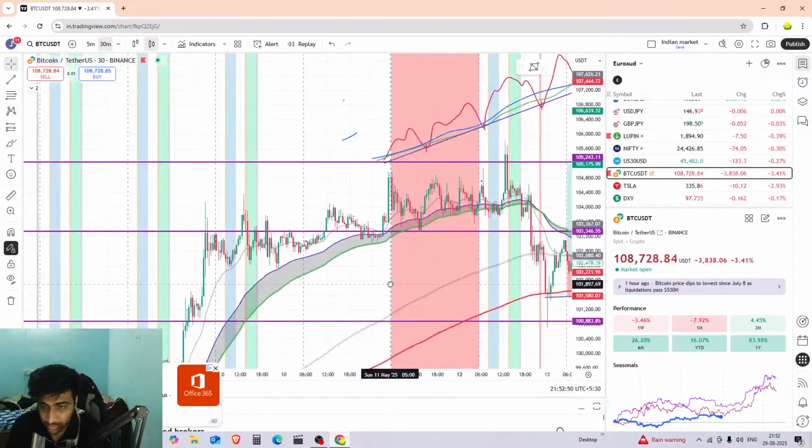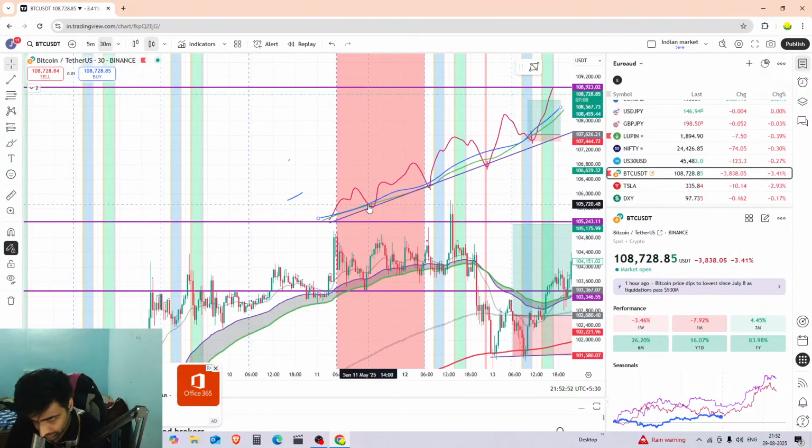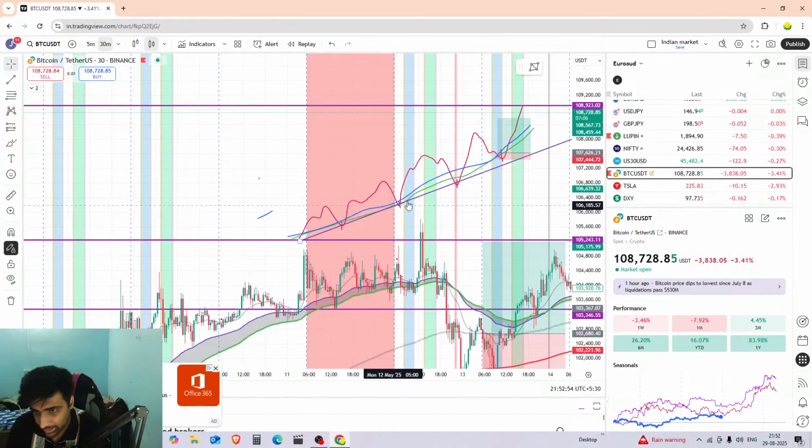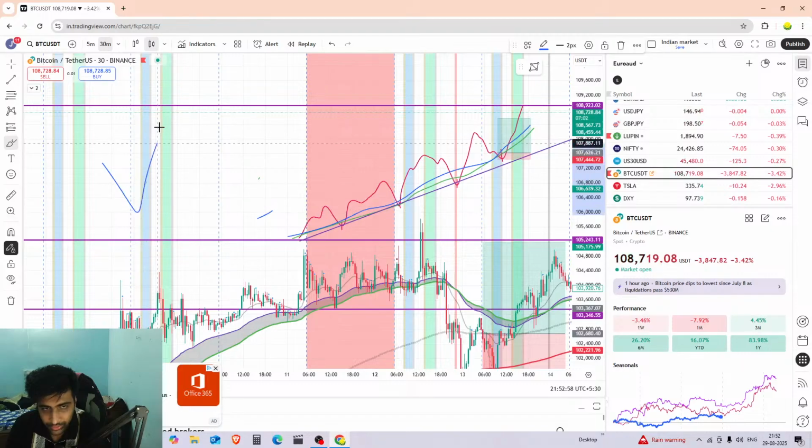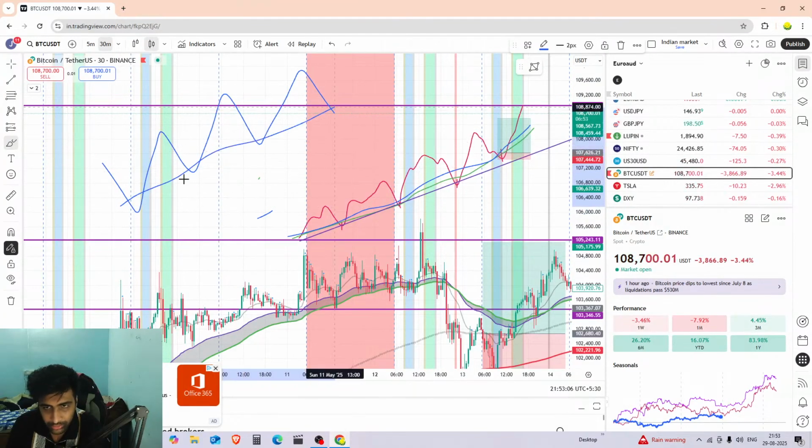Now there are two kinds of trades right here. Two things can happen right here. One is if they want to take the market up, that's how they're gonna go, right? If they want to take the market up from this point, two things can happen.